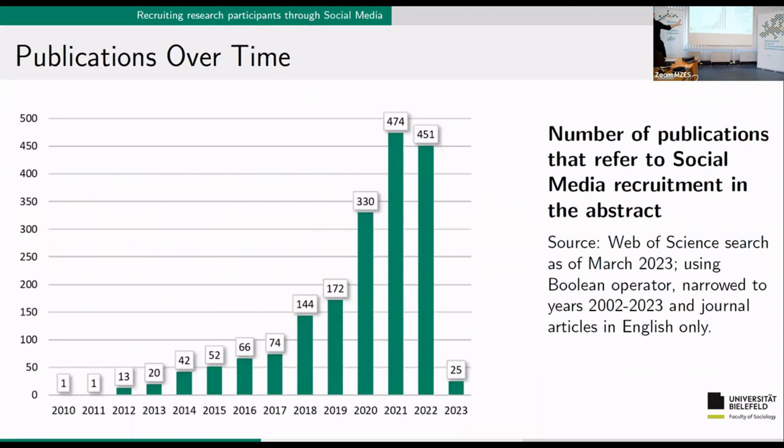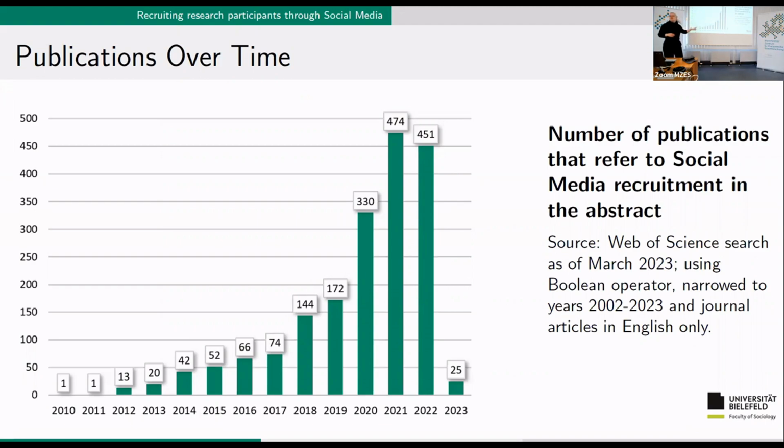Just a quick insight. I did a really quick and dirty search for publications. I used the Web of Science platform and basic Boolean operators like survey, recruitment, social media, and limited it to a specific time frame, from 2002 until now, and only English written journal articles.